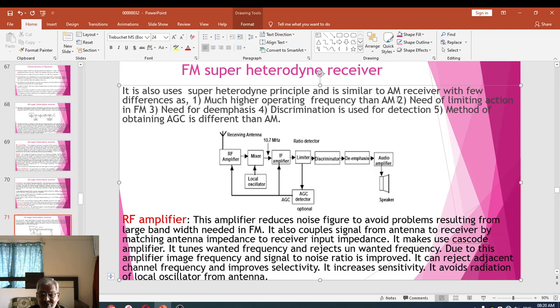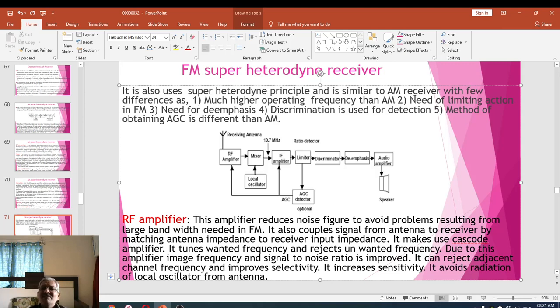AM operates on almost all 400 kHz to 1600 kHz frequency, whereas FM operates between 88 MHz to 108 MHz. So that is the first difference. Another, from the point of view of intermediate frequency, is that the IF is 10.7 MHz for FM. For AM, the IF is 455 kHz.